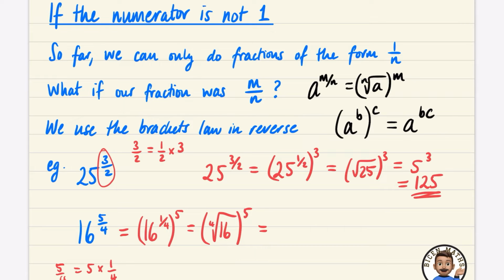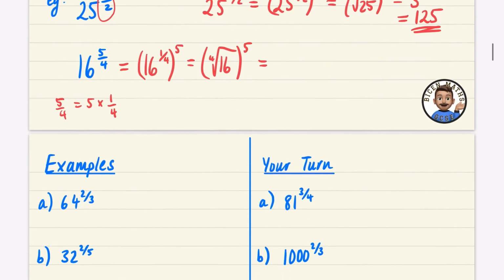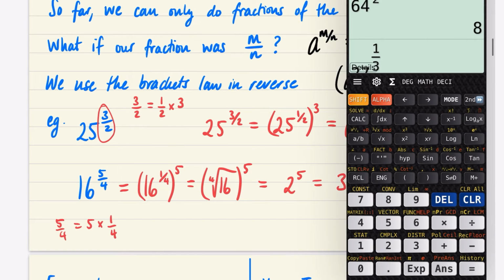Now the 4th root of 16, we actually did that earlier. The 4th root of 16 is 2, because 2 times 2 times 2 times 2 is 16. So that is 2 to the power of 5. And 2 to the power of 5, 2 times 2 times 2 times 2 times 2, is 32. So 16 to the power of 5 over 4 is indeed 32.